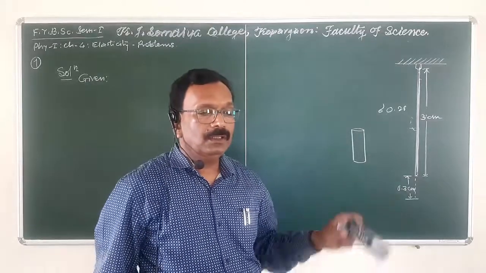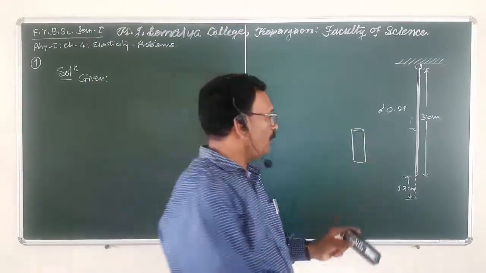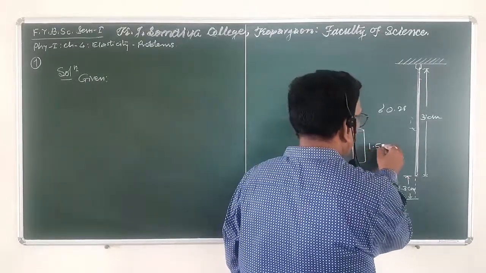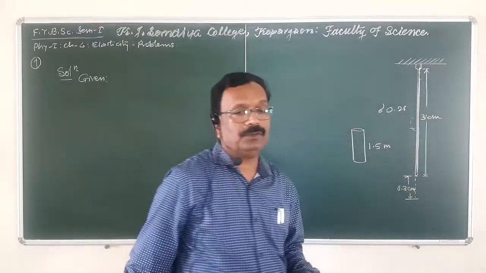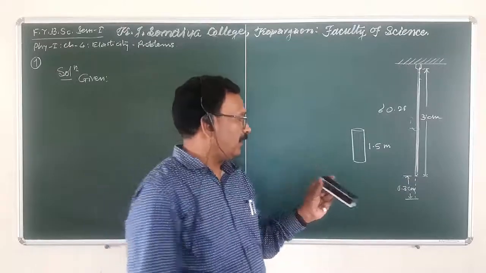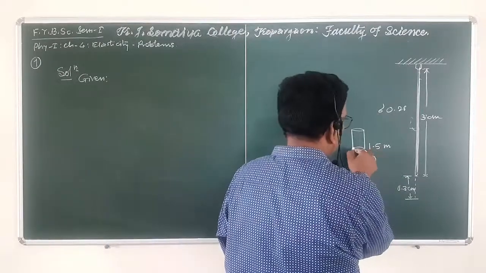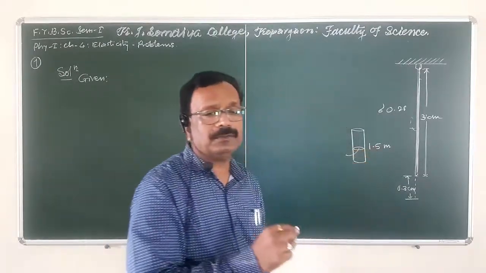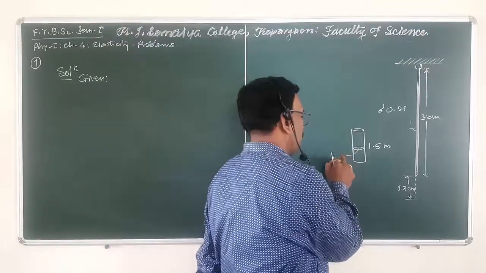Now, the length of the rod is 1.5 meter, and the diameter of its cross section is 1 meter, sorry, 1 centimeter.